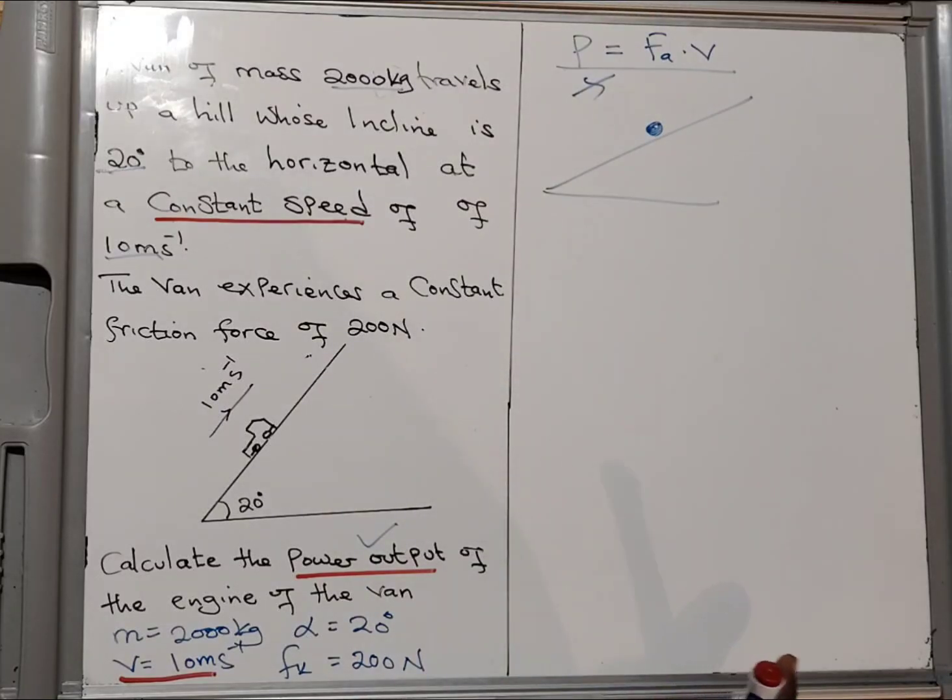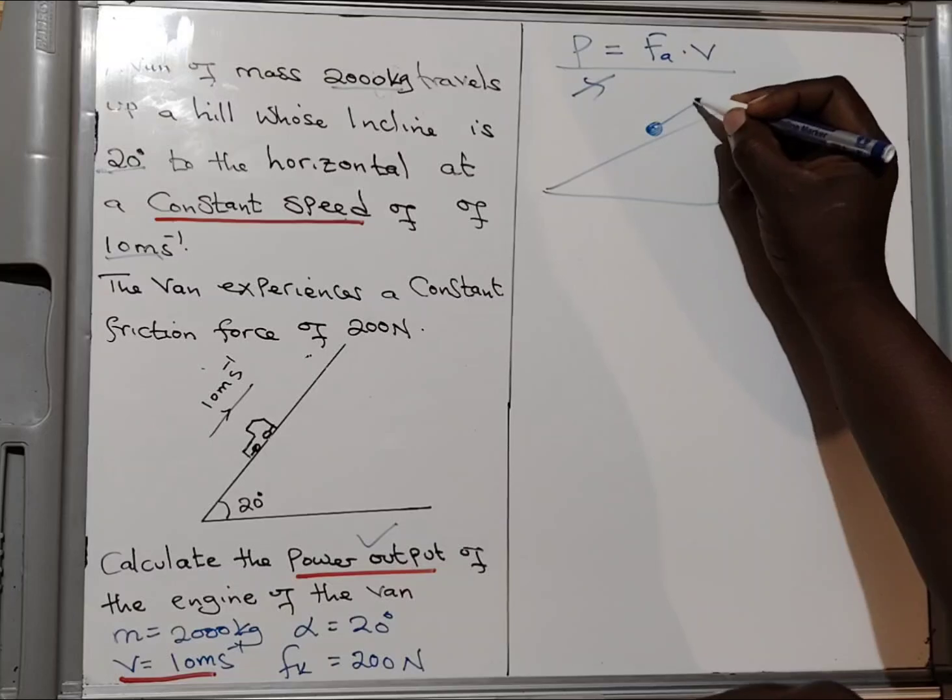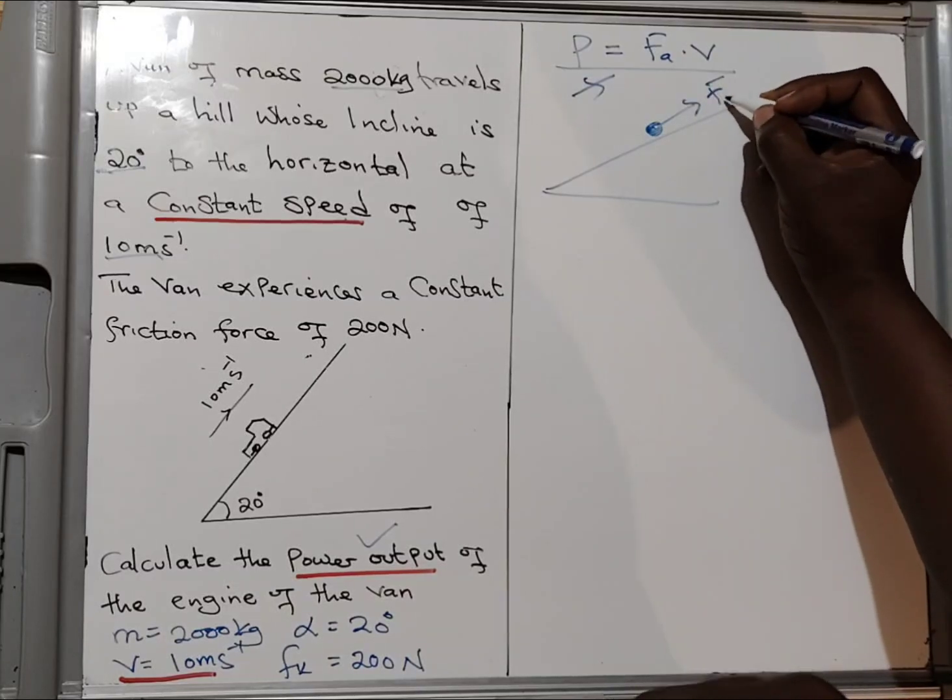We are having a body which is going upwards at constant velocity. The question is, can a body go up the incline at constant velocity without applied force? Unless you're a magician, the answer is no. So we have applied force here. It was not mentioned, but we know it is there.